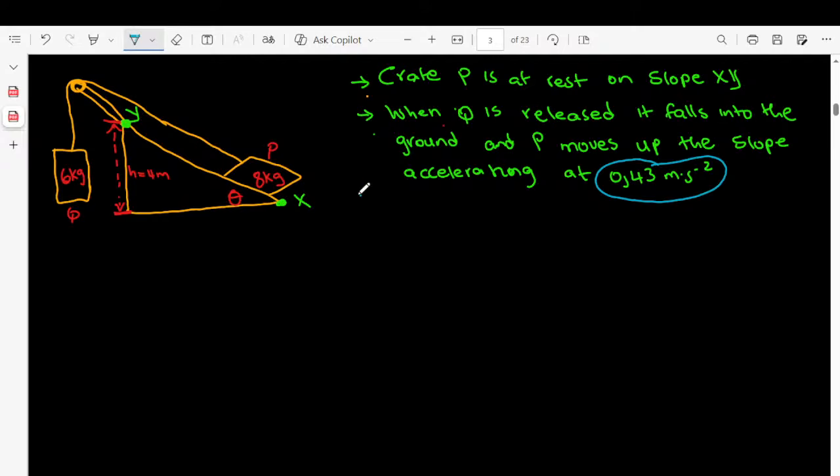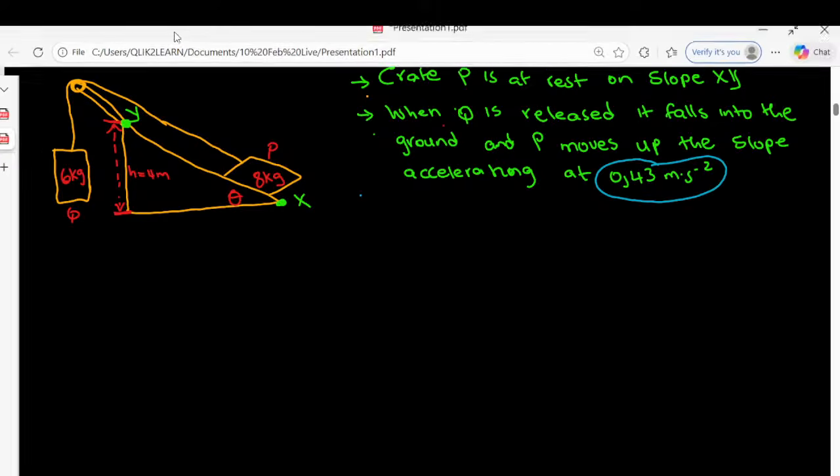This is the question, but I'm not sure if you guys can see this 4 meter. Let's fix this 4 meter here.